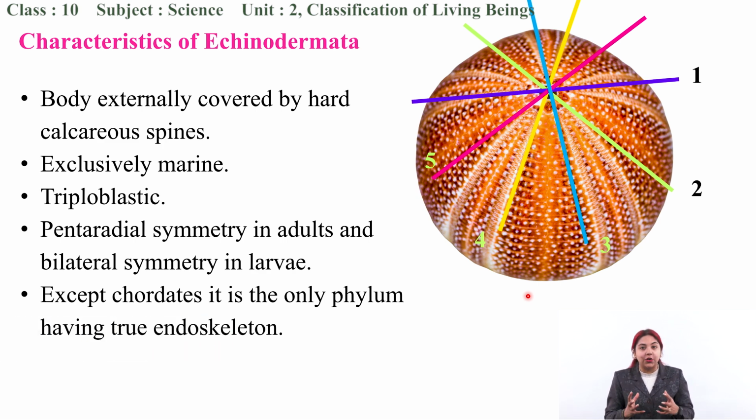Yes, it is a skeleton present inside the body. Endo means inside. So if the skeleton is present inside the body, it is called an endoskeleton. This is another characteristic of Echinodermata that distinguishes it from all the remaining invertebrates: it is the only phylum that has a true endoskeleton except the chordates.